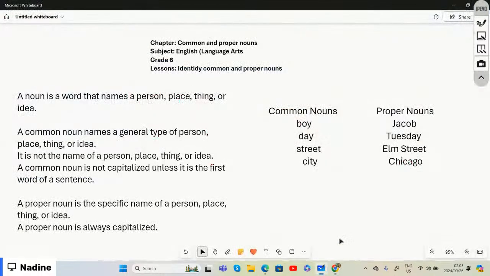All right, so our chapter is common and proper nouns, our subject is English language arts, and we're doing grade 6.